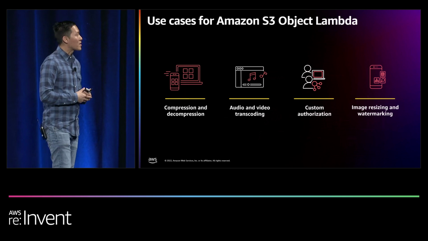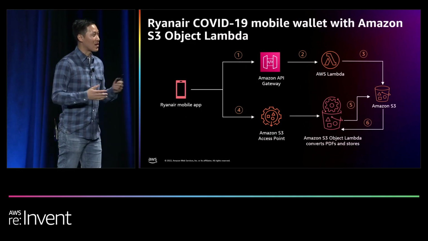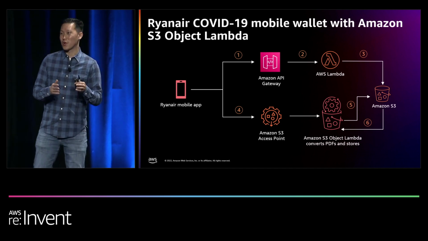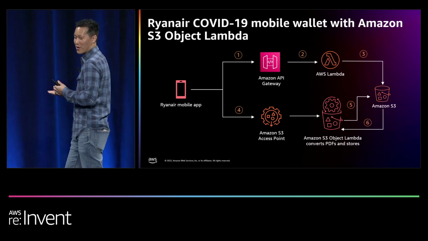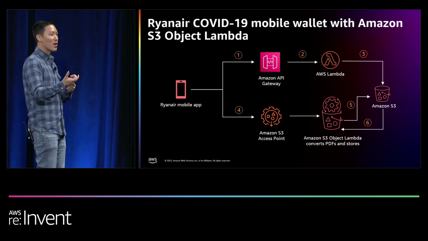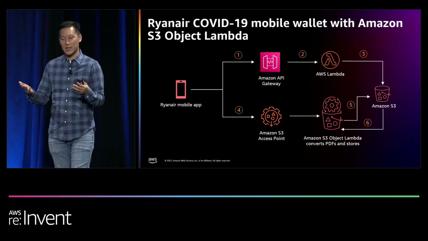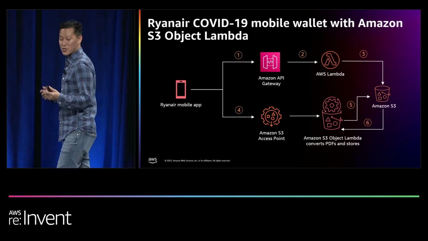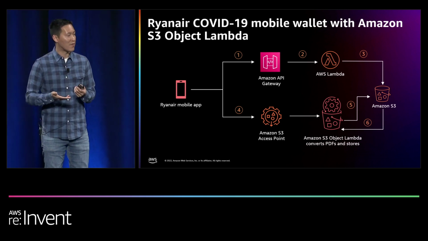Here's a cool example of one customer that actually used this. I'm sure many of us are happy that we're farther along in the pandemic than in 2022, and there's a little bit more ease. But at the height of the pandemic, what Ryanair did was they had essentially a travel wallet.